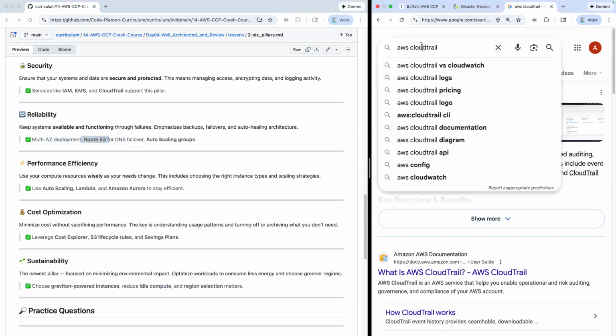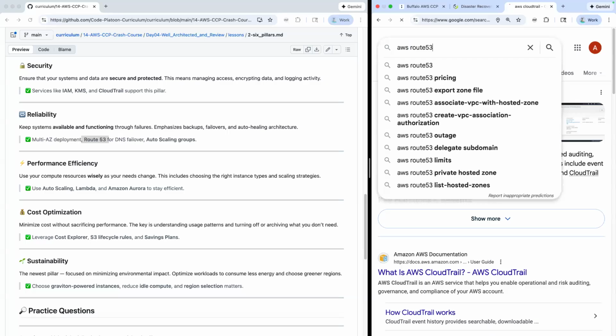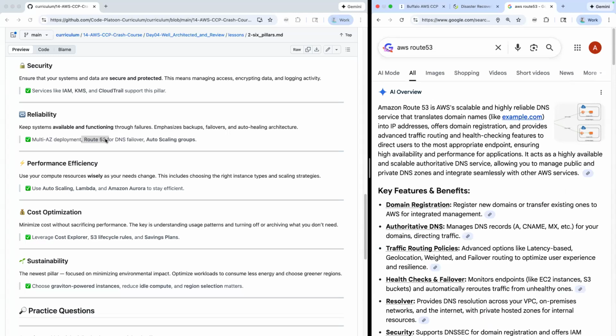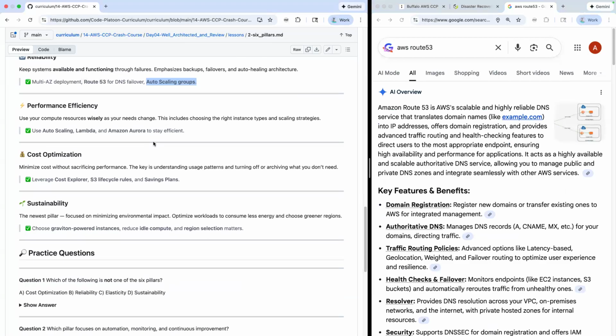Route 53 for DNS routing, right? So that if for some reason the availability zone in California that I'm using goes down, well, I've got another availability zone on the East Coast, and Route 53 will route all my traffic there. And auto scaling groups, right? So these show up in a bunch of places because this is a part of reliability, is managing traffic.